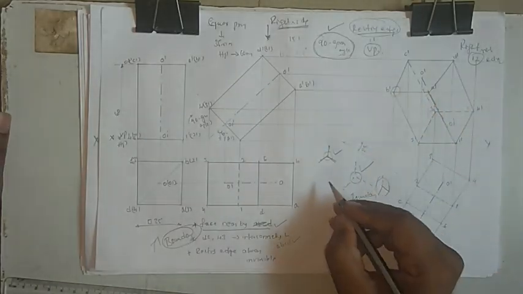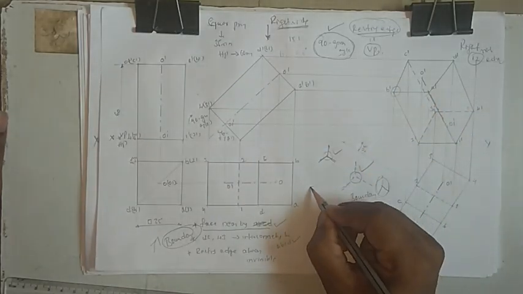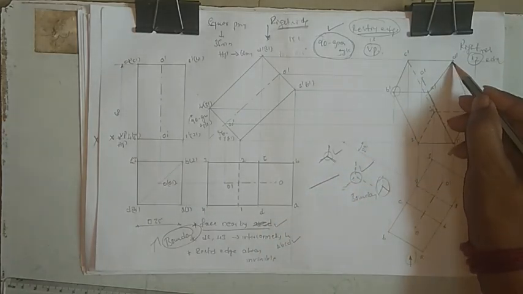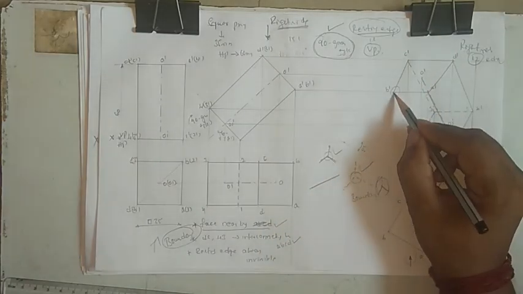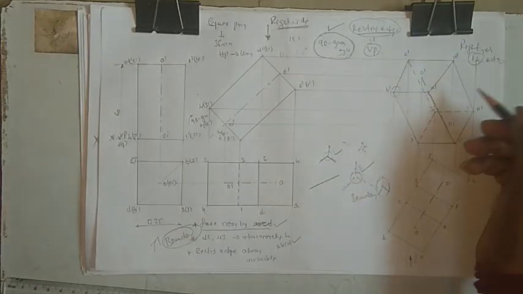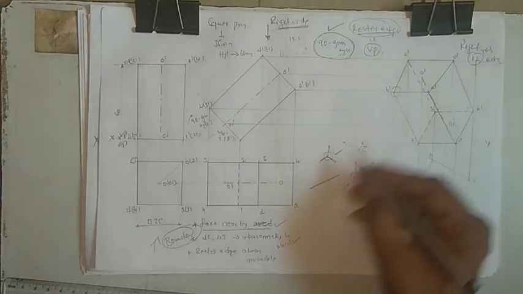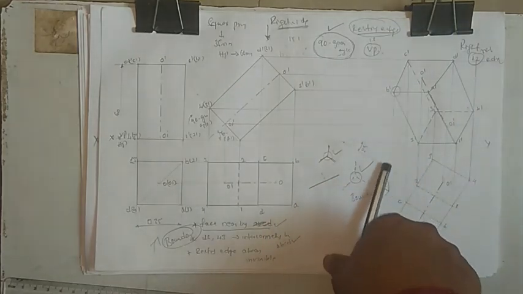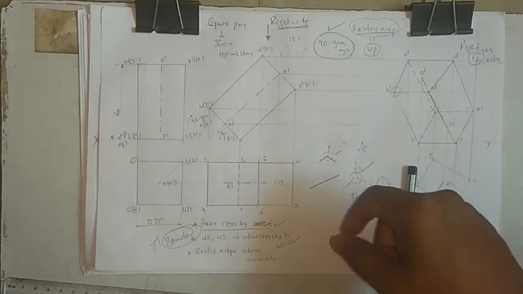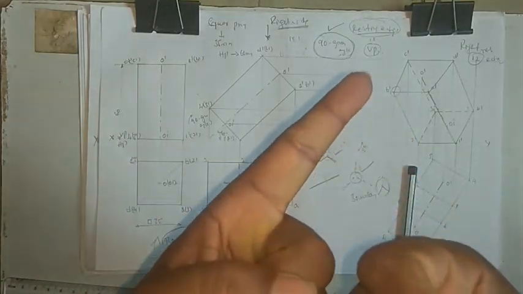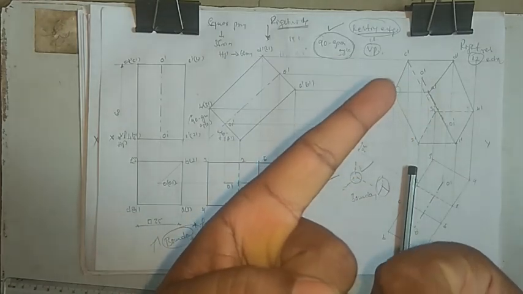And one more easy thing is, once you get any dark line, say for example, we have marked this one A to D and A to B, okay. So when this one is dark, the lines which are below that one will always be dotted, okay. So there will not be any dotted line coming above this one, okay. This is very simple, as if we have 2 fingers crossed like this, okay. So this finger will be visible and this finger will not be visible, okay.